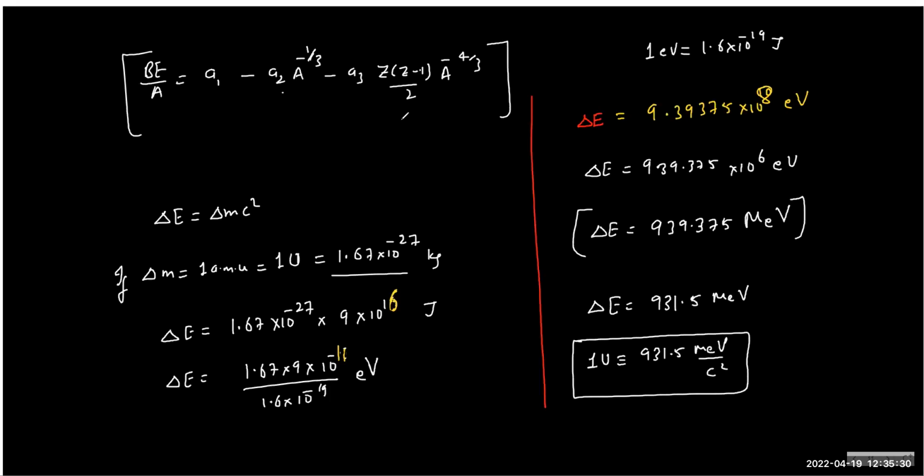So this is the Coulombic effect, surface effect, and this is the volume effect. So the presence of too many protons will decrease the binding energy per nucleon, because these two factors are basically due to protons only.